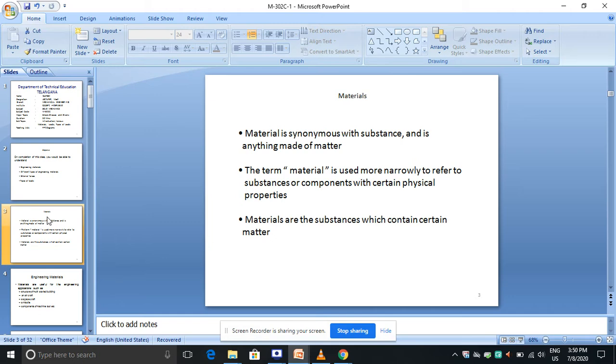Material is a synonym for substance and is anything made of matter. The term material is used more narrowly to refer to substances or components with certain physical properties. Materials are the substances which contain matter.